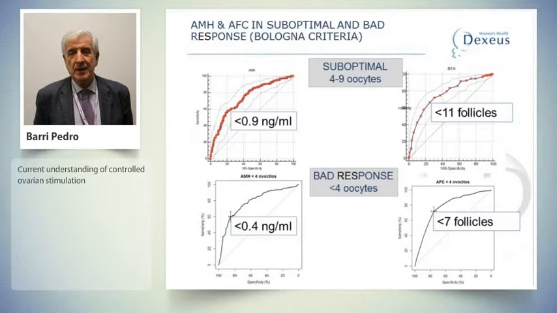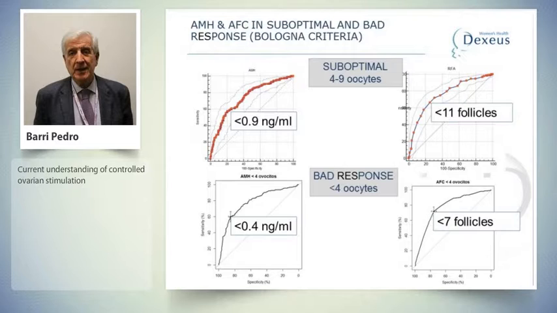If we focus on bad or poor response, less than 4 oocytes, these values become even worse: anti-Mullerian hormone lower than 0.4 nanograms per ml, and antral follicle counts of less than 7 follicles.